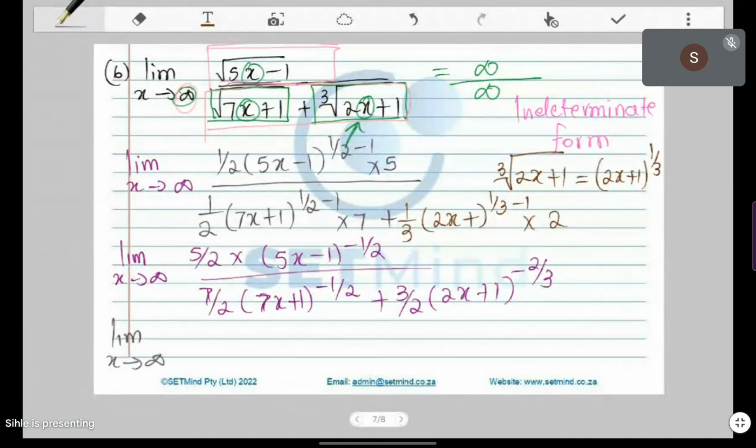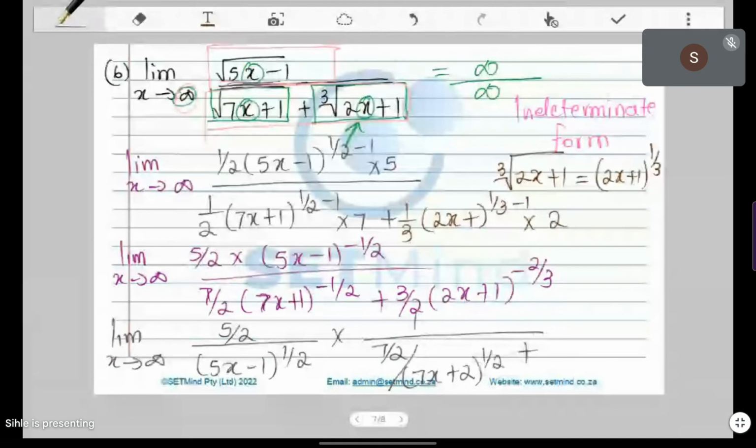As we approach infinity, up there I'm going to have 5 over 2 over, let's separate this, 5x minus 1 to the 1 over 2, multiplied by 1 over, okay, give me a sec, 7 over 2 divided by 7x plus 1 to the 1 over 2 plus 3 over 2 divided by 2x plus 1 to the 2 over 3.